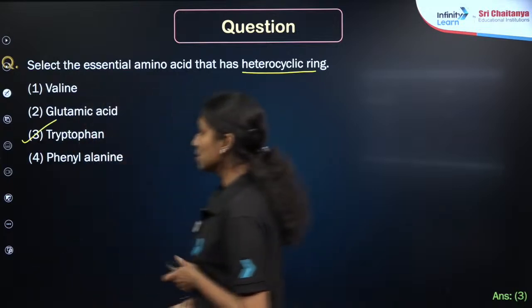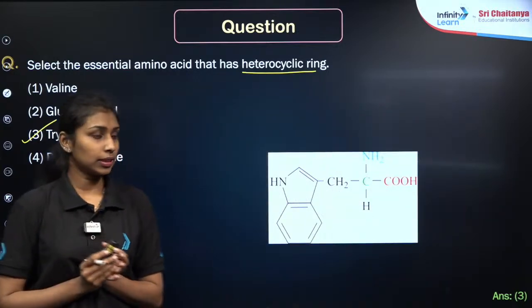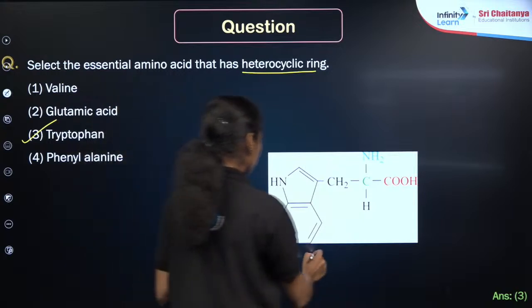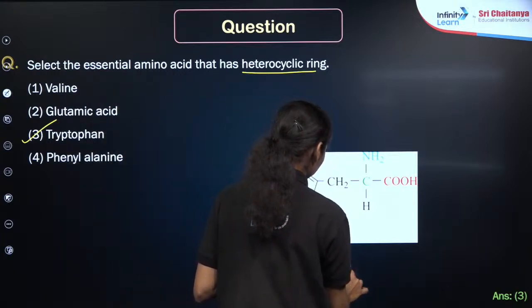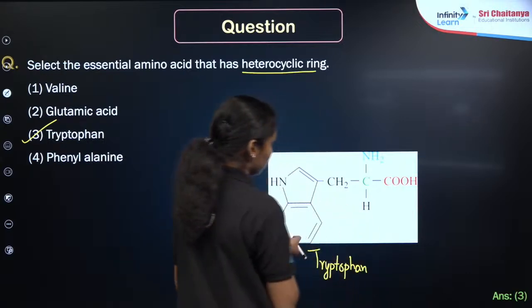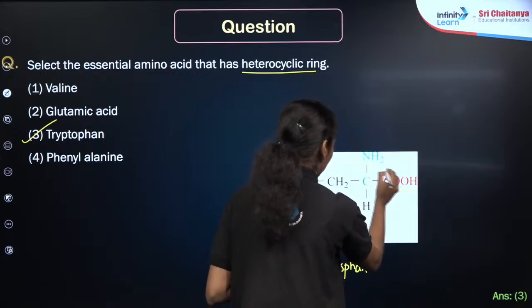Okay, what will be the structure? This is the structure, right? This is the structure of tryptophan. So this is the carboxylic acid group. This is the amino group.